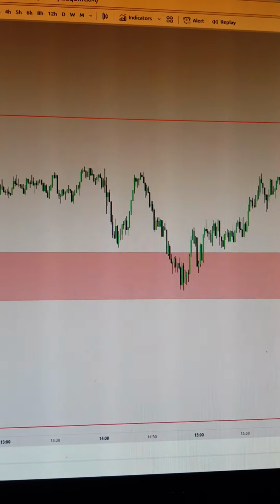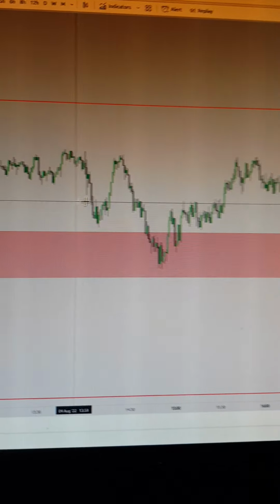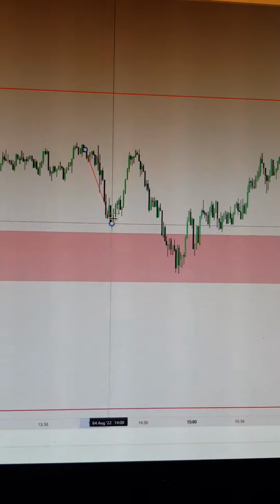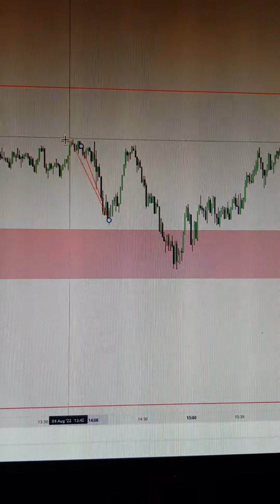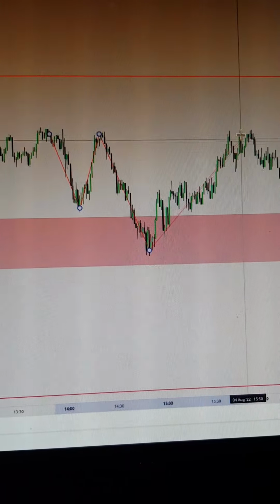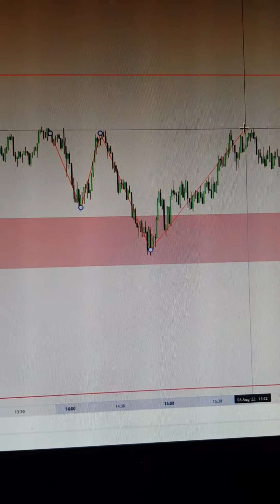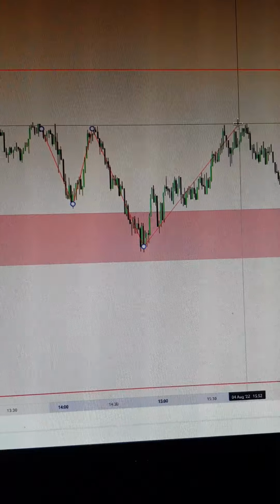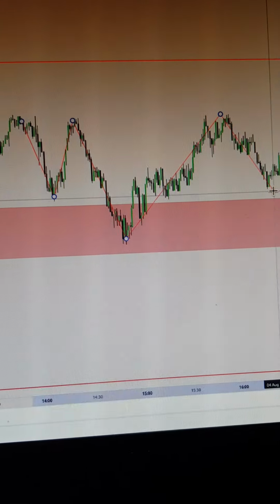Okay, and then a low, a high, equal highs. All right, more equal highs. What does that tell you? Price comes back to here.